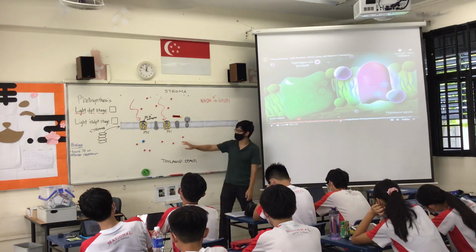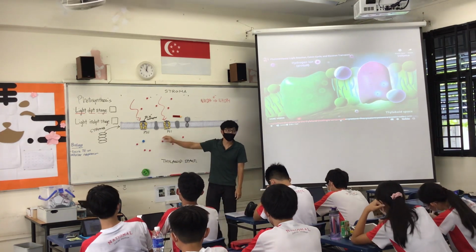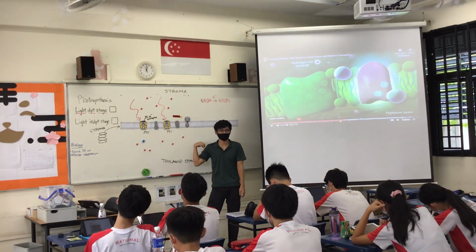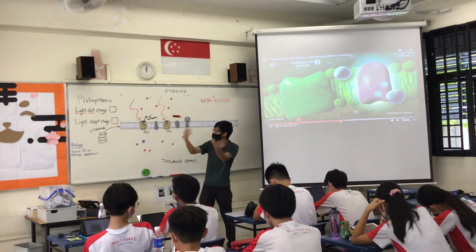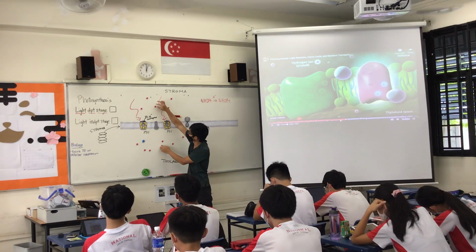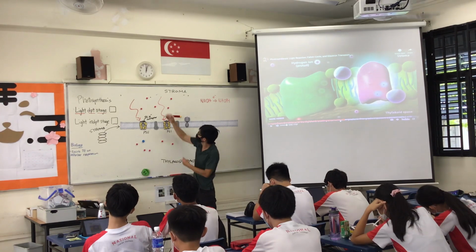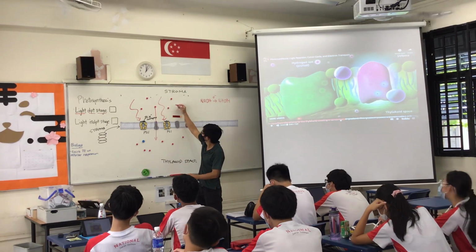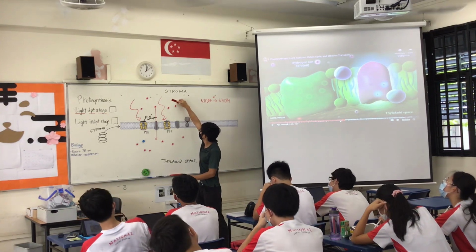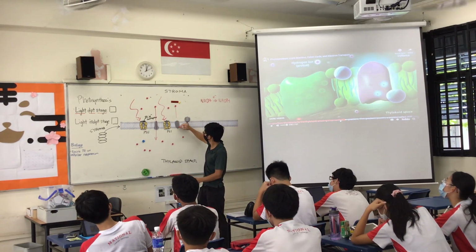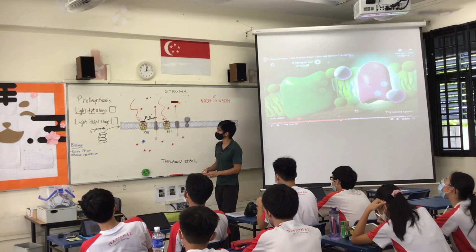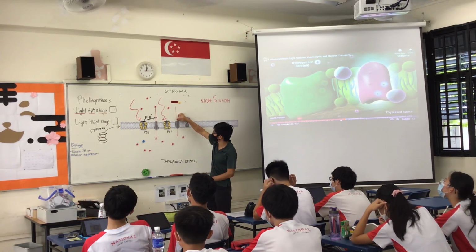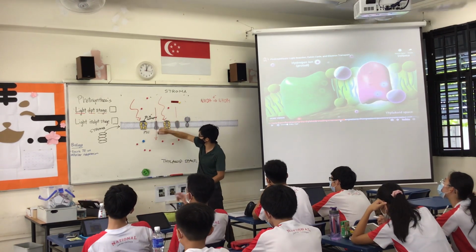I have not talked about the last part. As electrons flow down the electron transport chain, the usual will happen. Energy that's released will be used to pump protons from, in this case, the stroma to the thylakoid space. So this arrow represents the flow of protons pumping in.